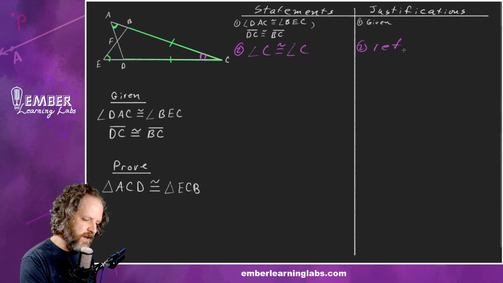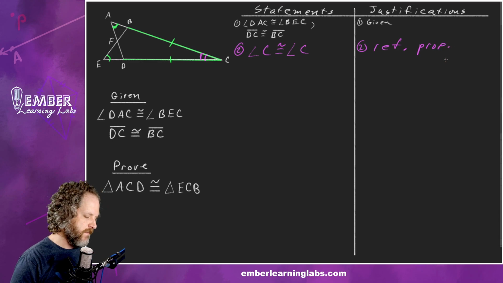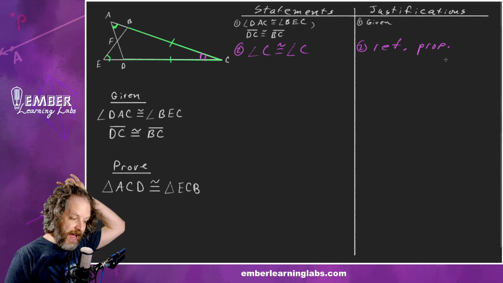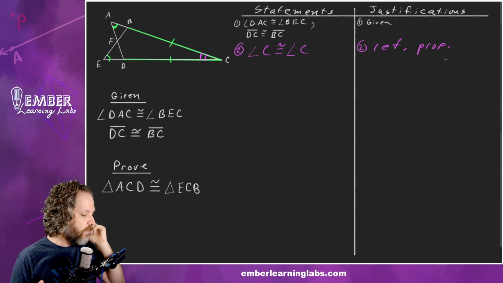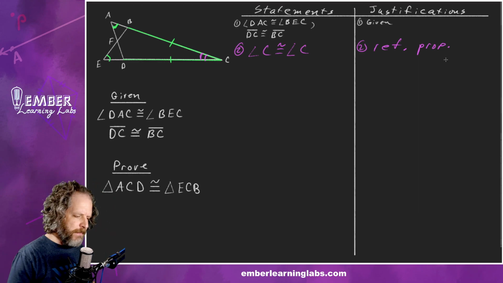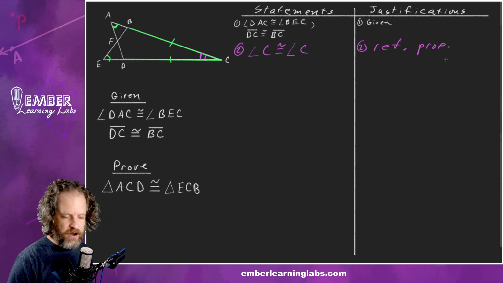I'm just going to abbreviate this time. Ref prop. Sounds good to me. Reflexive property. Okay, so now, believe it or not, we have a way to get there. So I'm going to pull these two guys out a little bit.